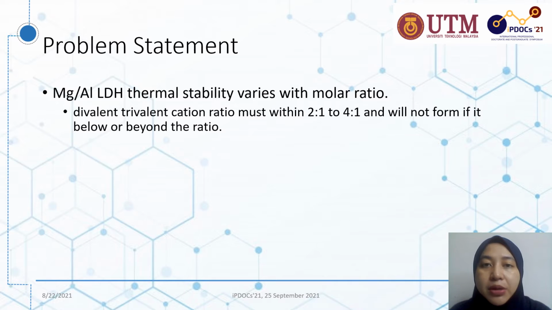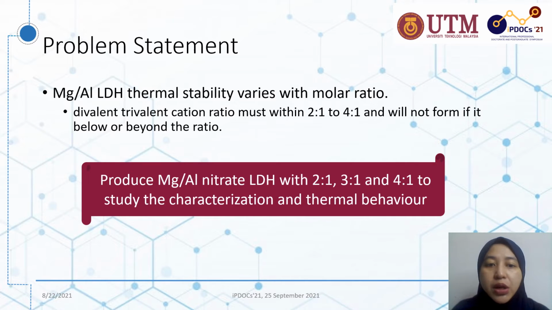The problem statement of the study is that the thermal behavior varies with the molar ratio, and we know that the divalent to trivalent cation ratio must be between 2 to 1 and 4 to 1, because beyond 4 to 1 and less than 2 to 1, no LDH will form.